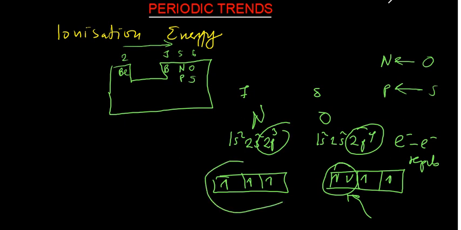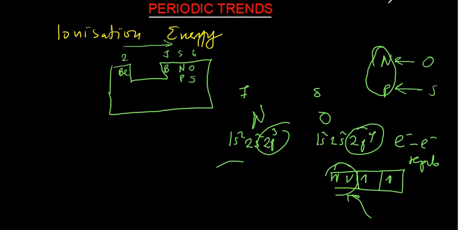But here each of them is occupying a single orbital, and so for you to remove one, you need a lot of energy. That is why energy increases. The same expression can be given for nitrogen or phosphorus. So that is ionization energy.